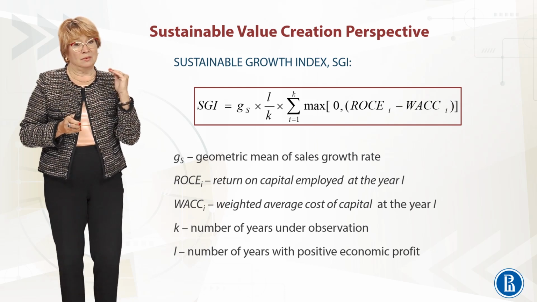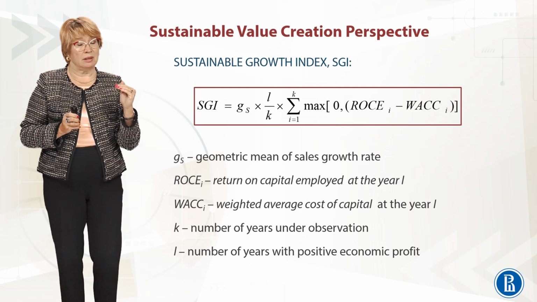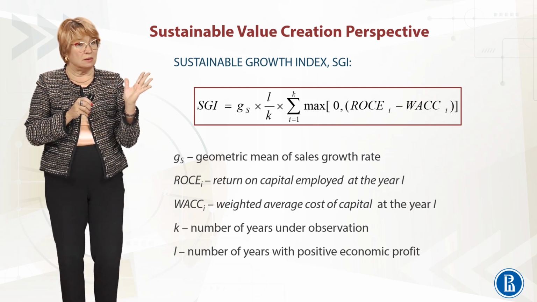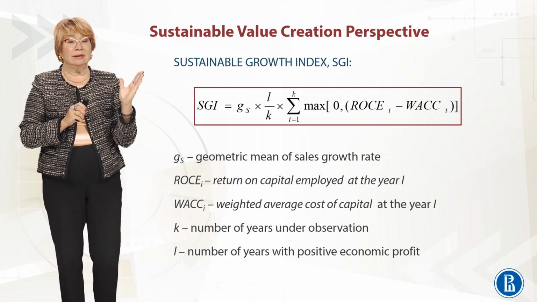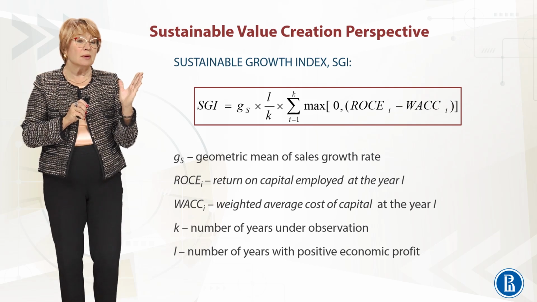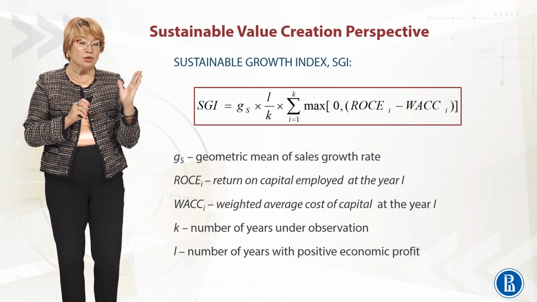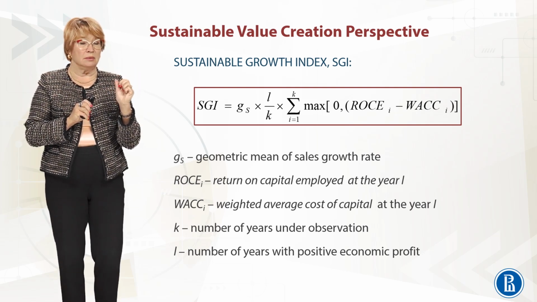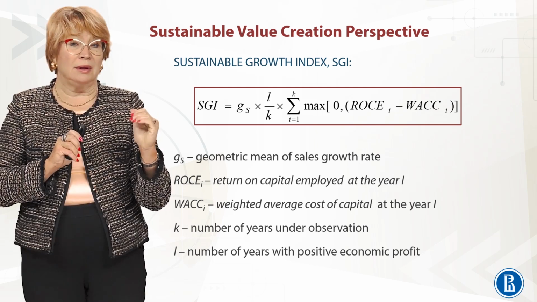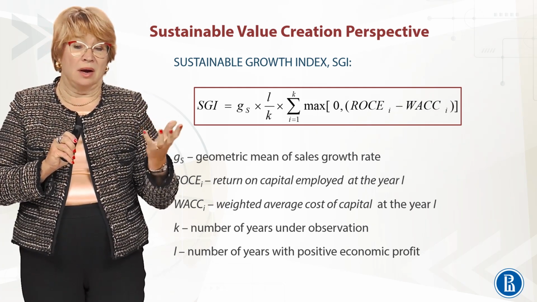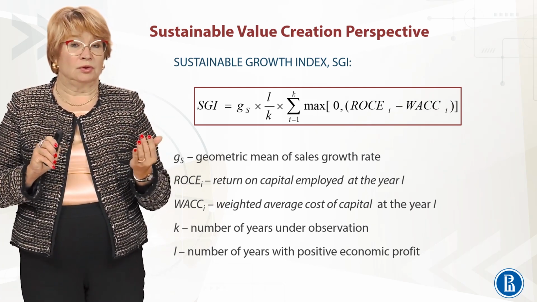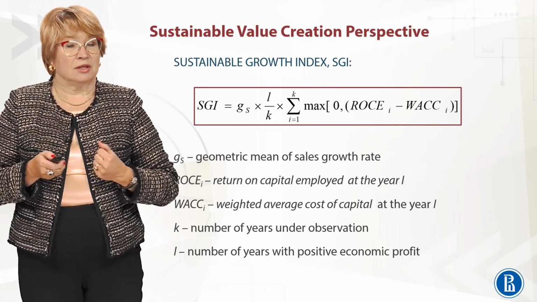But in the second matrix based on economic spread, it could be on the left side, which means that the fundamental processes of value creation, which are captured by the economic spread, are not as high as they looked in terms of the expectations.